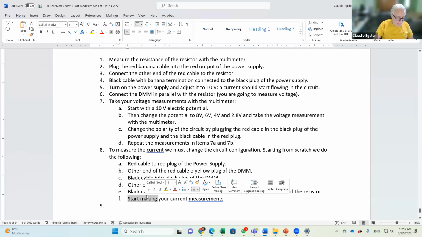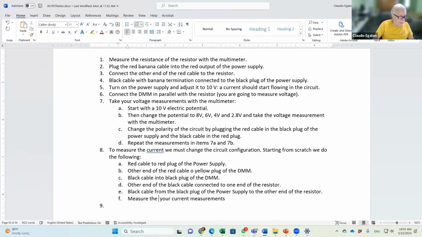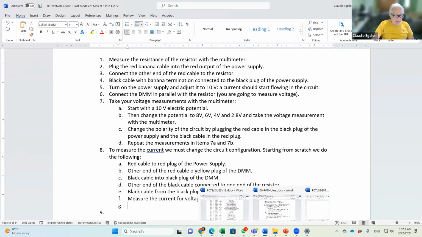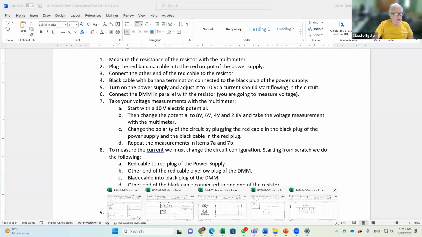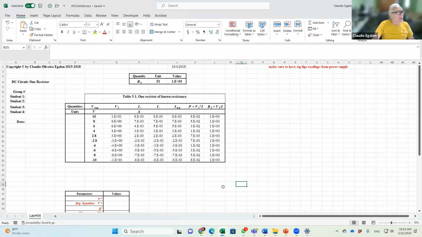Measure the current for voltages of 10, 8, 6, etc. Right? And that's exactly what we have here, that's the one, right? You did this one first, and now we are doing this one here.